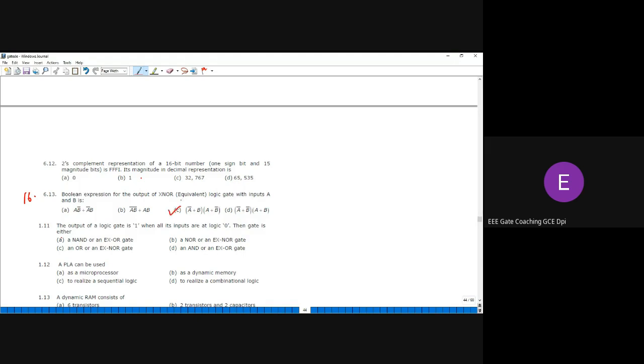So C is your answer because A bar is equal to 0. Likewise, B bar is equal to 0. So your final answer is AB plus A bar B bar. Okay. 17th problem. The output of the logic gate is 1 when all the inputs of the logic are 0. Then the gate is?